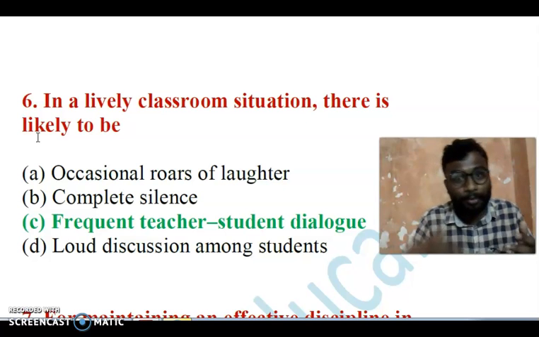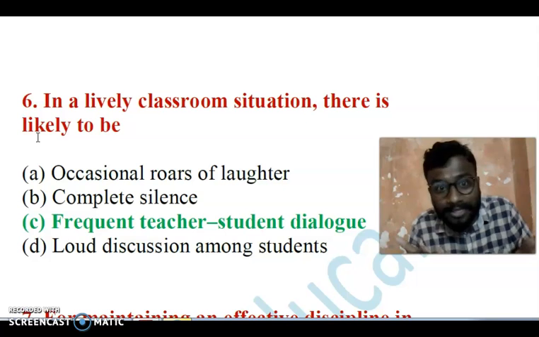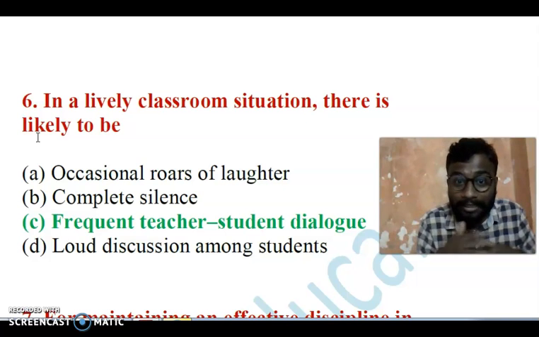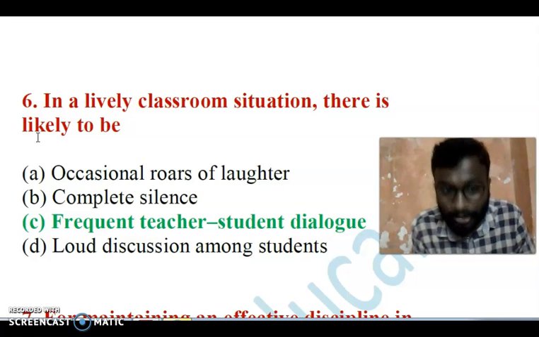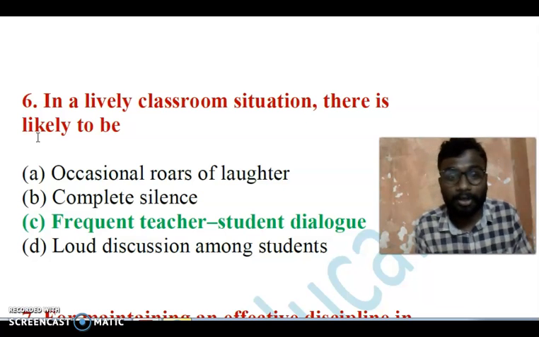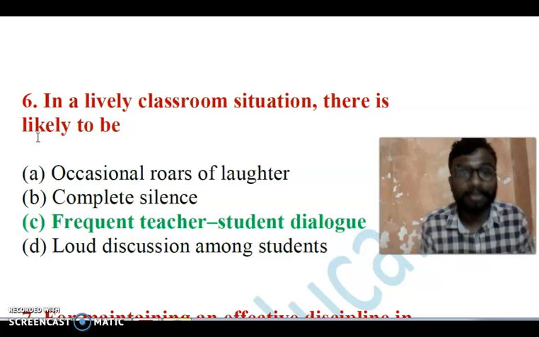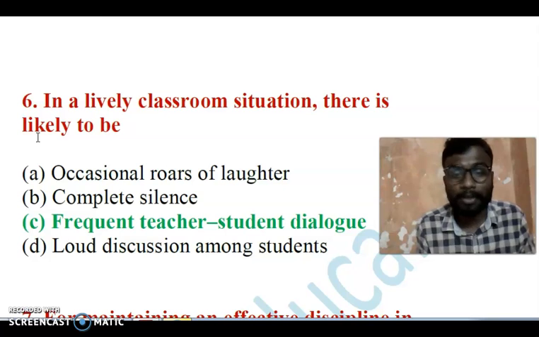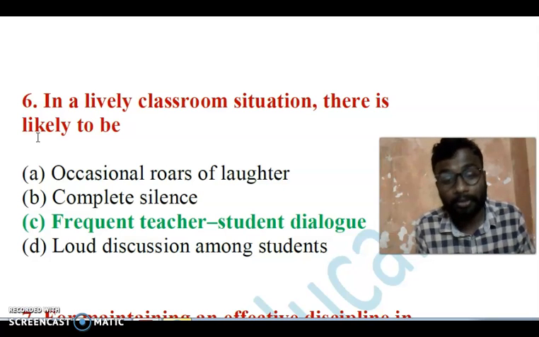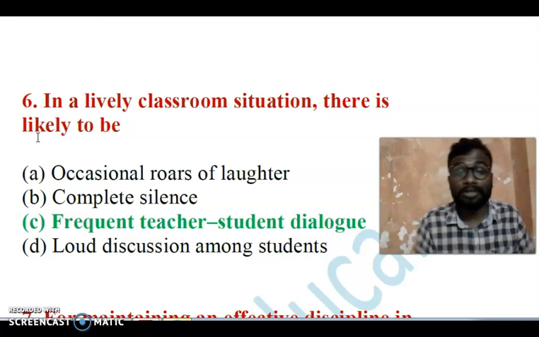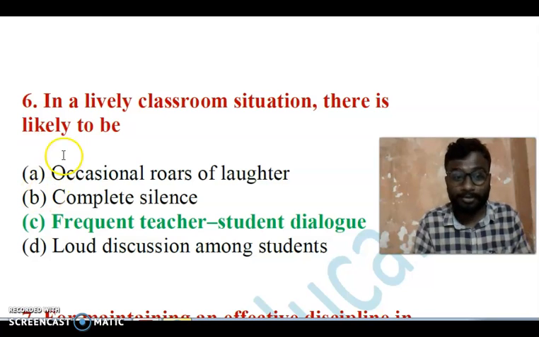They will put a lot of concentration towards the teaching and what exactly is happening in the classroom. Complete silence is not a good factor for an effective classroom. There should not be a large amount of discussion among the students. It is only the frequent teacher-student dialogue.